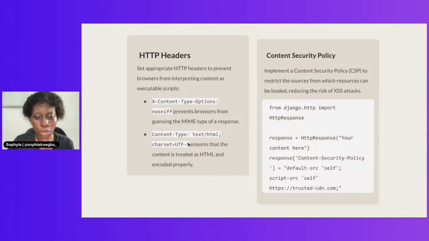Then another one that you can use is defining the content type and ensuring that it is encoded. So you can use this script to ensure that your content is treated as HTML if you are dealing with an HTML file. If you want to display it as XML, you can still decide to change this to XML. So what this script does is that it treats your content on your web page as the file type that you define and encodes it properly to avoid any form of attack.